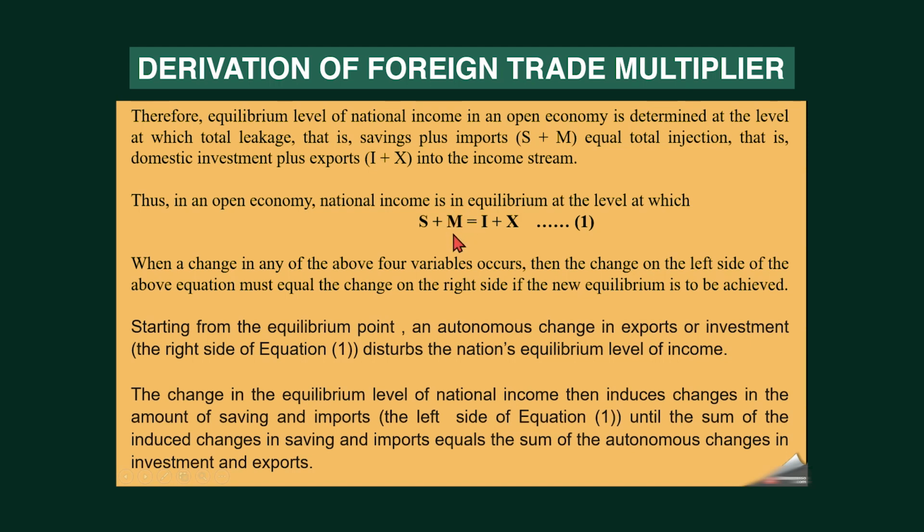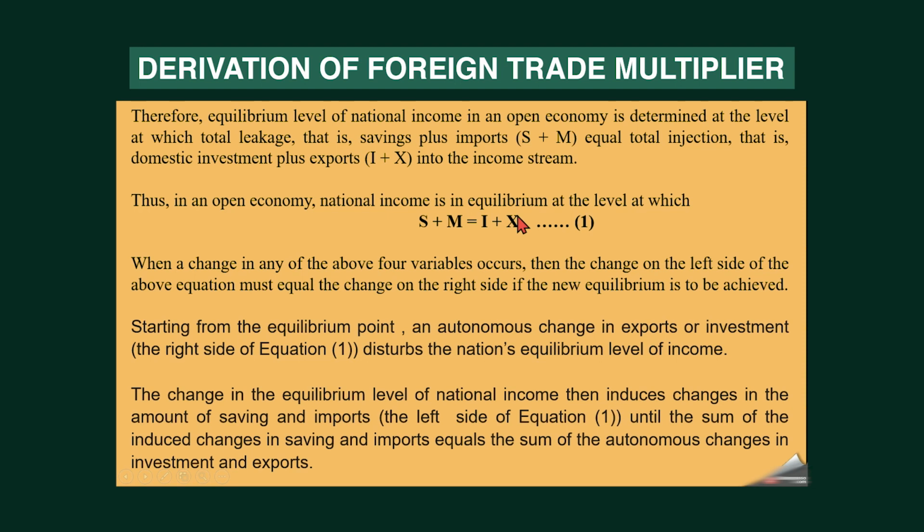For example, if the left side of the equation changes, the right side must change in equal direction to balance it, and we will be then having a new equilibrium formed for this particular economy. Now suppose the equation 1 represents the starting point for the economy, and for some reason the export or investment in the economy, which is the right hand side, changes.